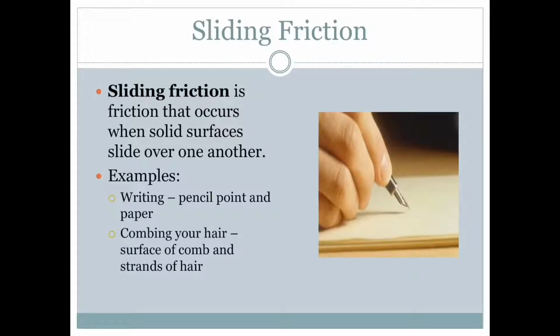So some examples are like writing with your pencil on paper, combing your hair, with the comb going through your strands of hair. Some other examples could be moving a box in your house if you decide to push it, sliding papers across a desk. There are many examples in the world of sliding friction.